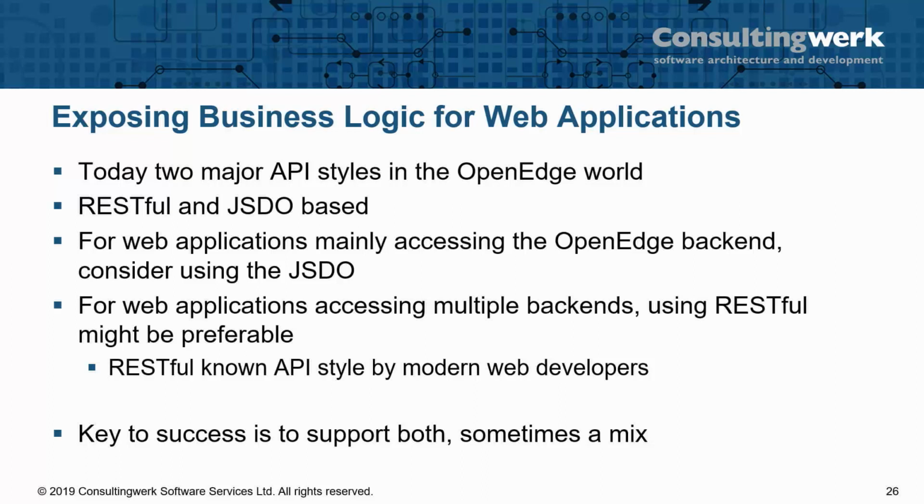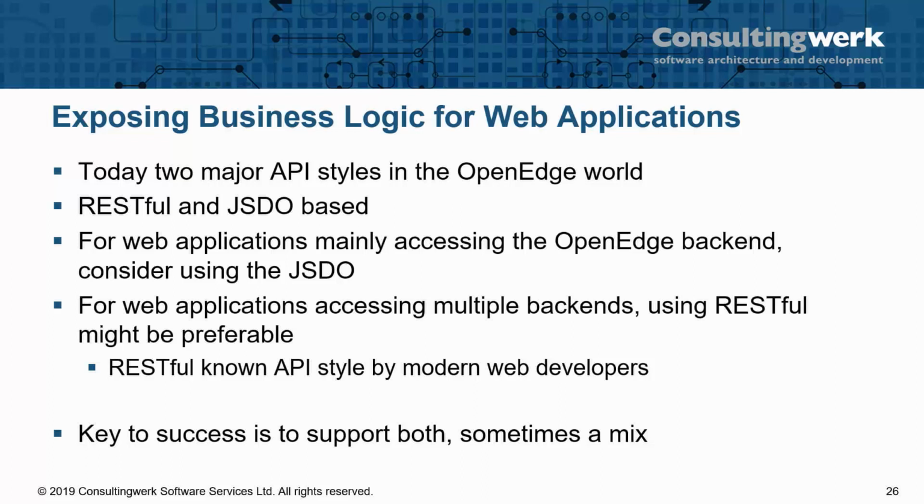And we had a very good, well, we still have very good support for the JSDO in our framework. We thought by that, hooray, we have the JSDO, the JavaScript component maintained by Progress. We can make every web developer happy.